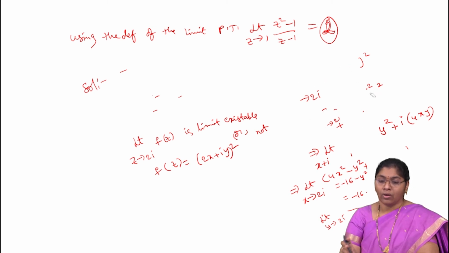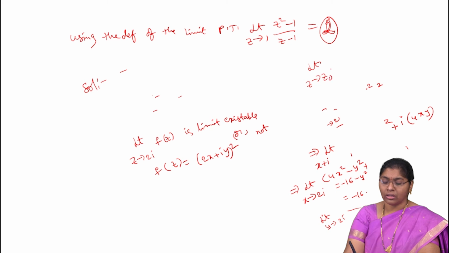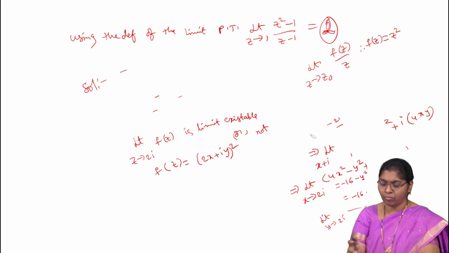Here we are solving for z tends to z0 also. For example, the limit as z tends to z0, the condition is f of z by z. Here f of z equals z squared. This is another problem.